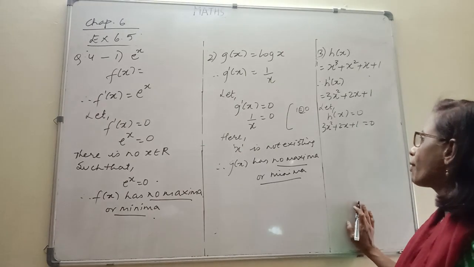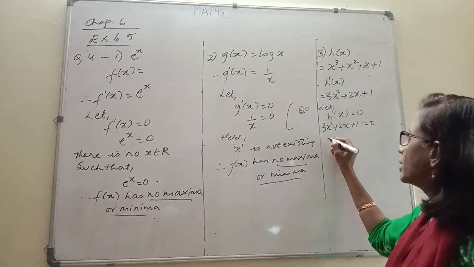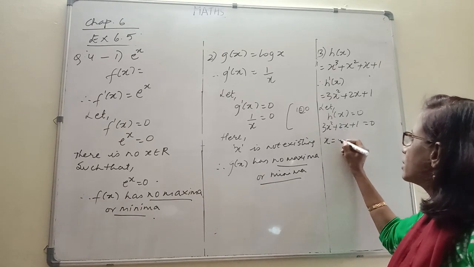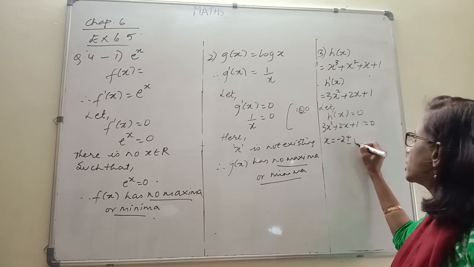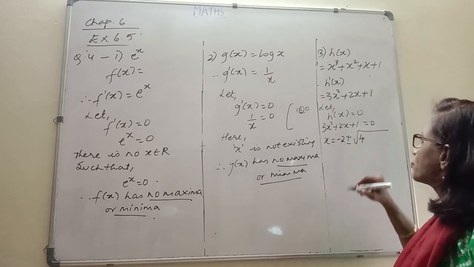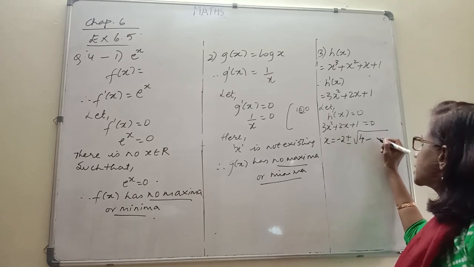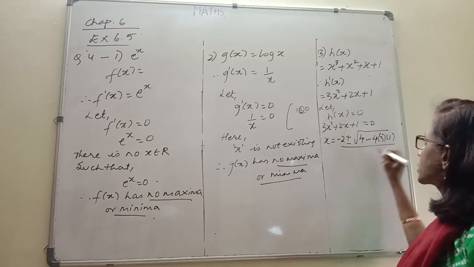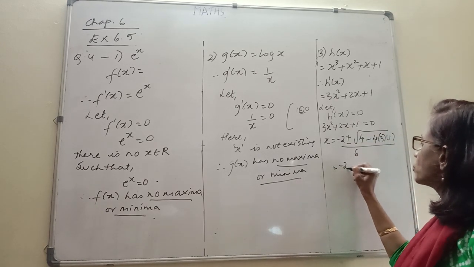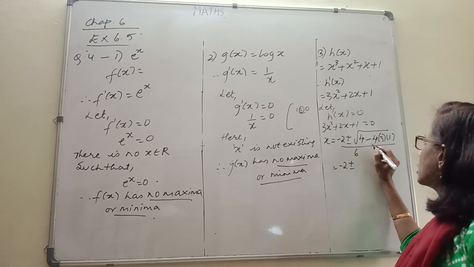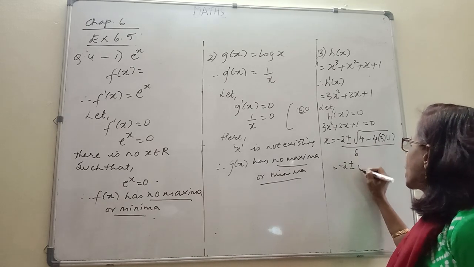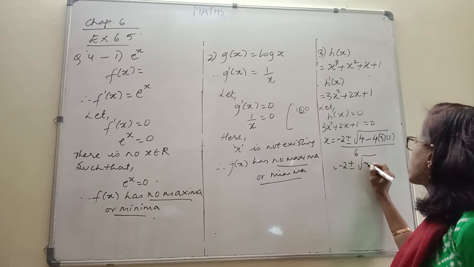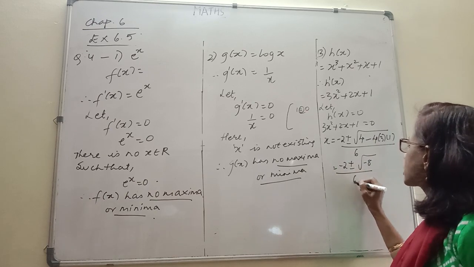So maybe you can have x equal to minus b, which is minus 2, plus or minus root of b squared, which is 4, minus 4ac, over 2a, which is 6. So it's negative 2 plus or minus root of 4 minus 12, over 6, which is minus 8 under the root.